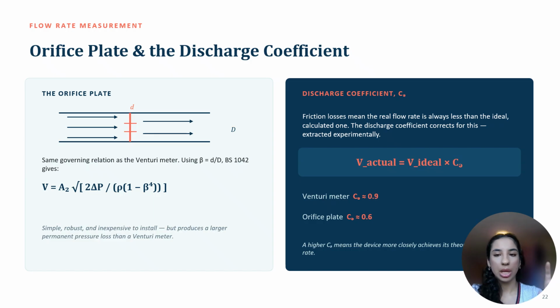To account for that, we have something called the discharge coefficient. We have one for the Venturi meter and one for the Orifice meter. All you have to do is multiply the ideal flow you got by it, and then you get the actual flow.